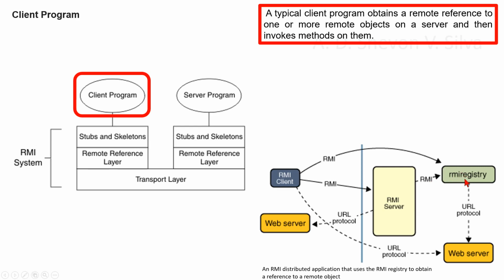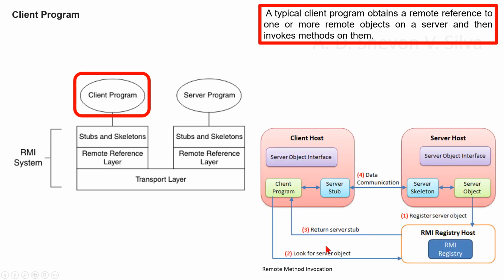The RMI registry is connected to the remote web server. URL protocol is passed from RMI registry to the web server. And the RMI client is connected to the web server, and URL protocol is passed from RMI client to web server. The RMI server is connected to the web server. URL protocol is passed from RMI server to the web server.